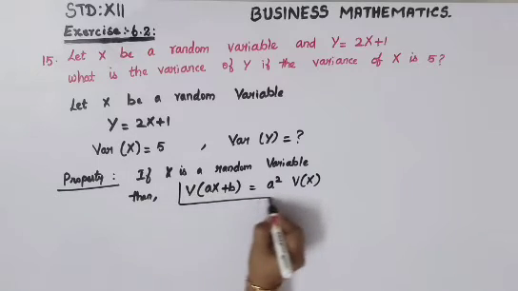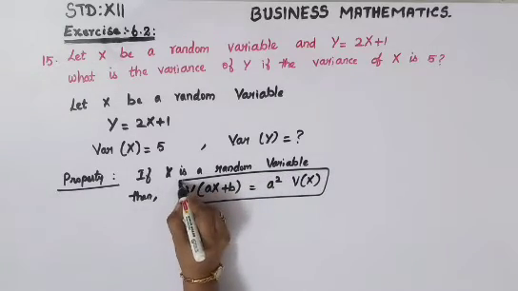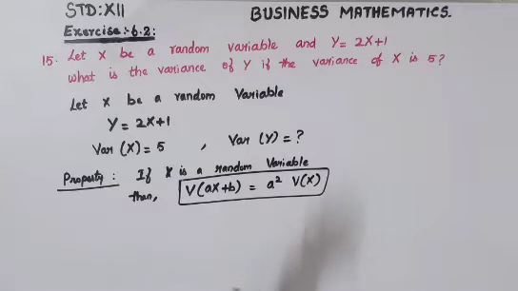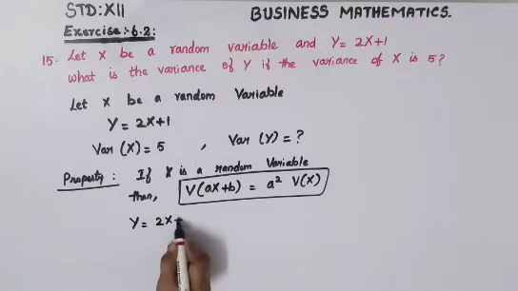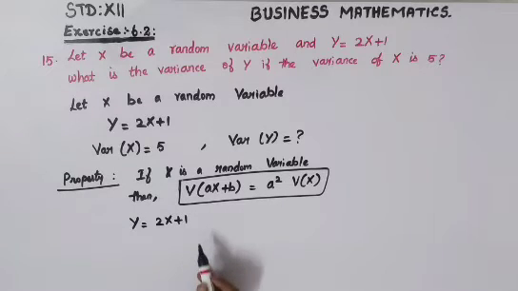So we can use this property in your question. Okay, just write your question again. Y is equal to 2x plus 1. So this is given. So we need variance.